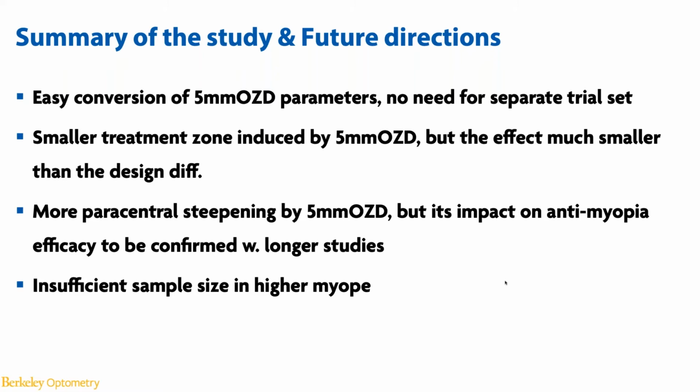So we don't have sufficient power to really make any claim whether these lenses work faster or work better in higher myopes. We're hoping to have future studies specifically targeting moderate and higher myopia to test the clinical performance of the 5mm lenses.